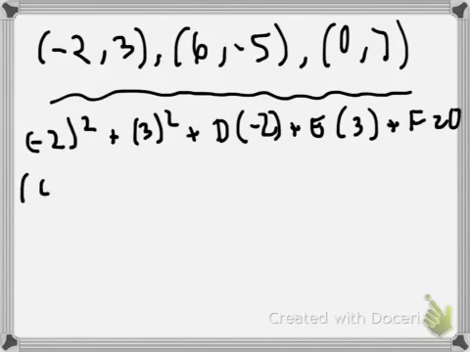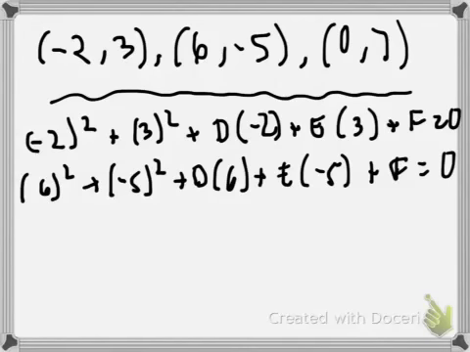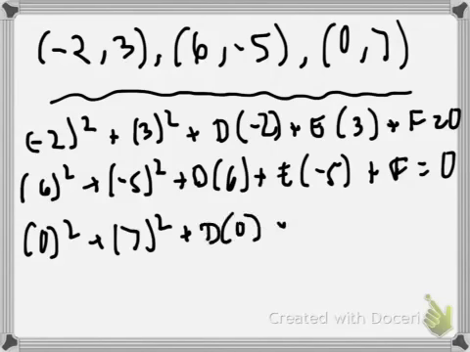And 6 squared plus -5 squared plus d times 6 plus e times -5 plus f equals 0. And 0 squared plus 7 squared plus d times 0 plus e times 7 plus f equals 0.